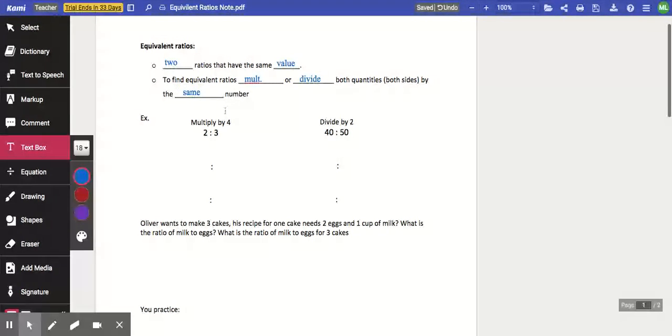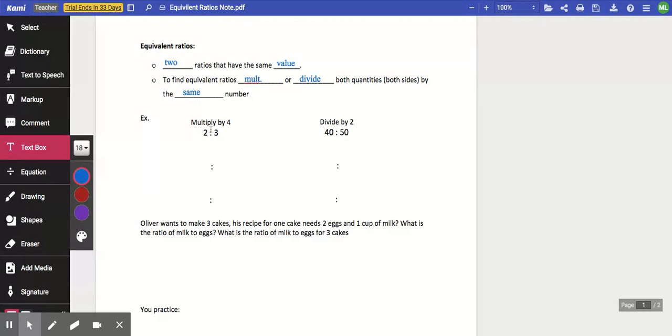So what that means is, jumping down here to the examples just to show you, if this says multiply by 4, I'm going to multiply both the 2 and the 3 by 4. Or if it said divide, I'm going to divide both the 2 and the 3 by 4. So that's how you find the equivalent ratio of something.